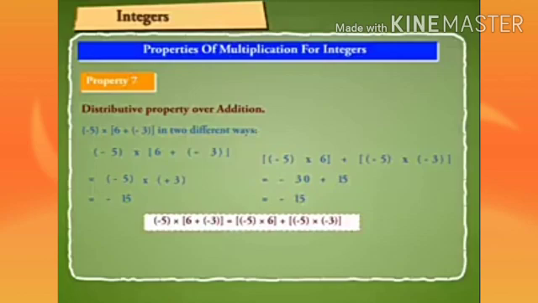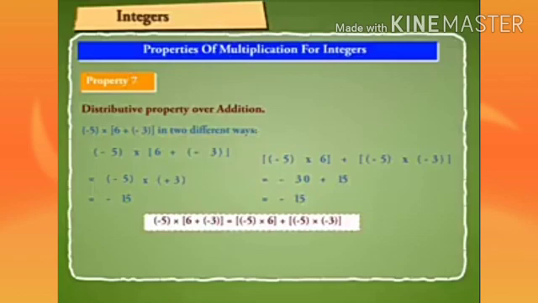In the first case, the product is minus 15, and in the next case, we can compute minus 5 into 6 plus of minus 5 into minus 3. Therefore, the product is minus 15 in the second case. Both the cases are same.